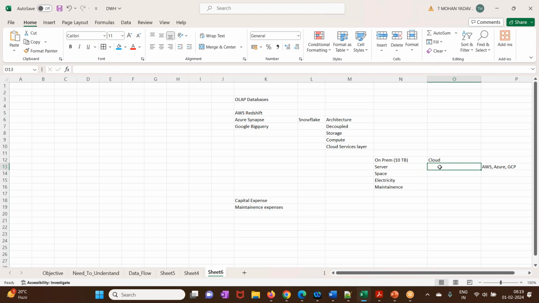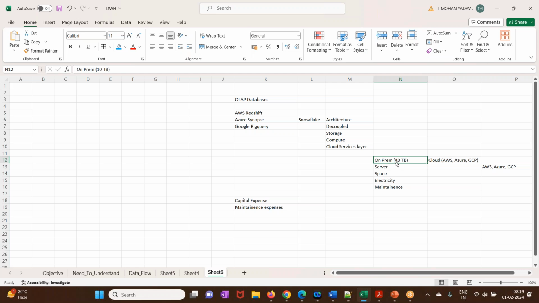In the cloud we have different major vendors like AWS, Azure, and GCP. These are the three major players providing cloud service.